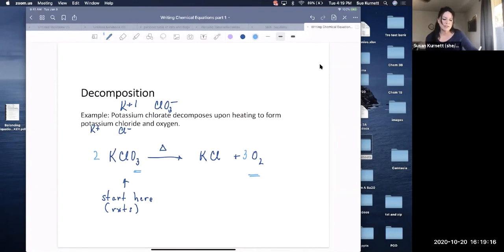Now, once I've added the 2 in front of potassium chlorate, I'm going to look at the other elements. 2 potassiums on the left, 2 potassiums on the right, 2 chlorides on the left, 2 chlorides on the right. I think it's balanced. Let me make my chart for bookkeeping.